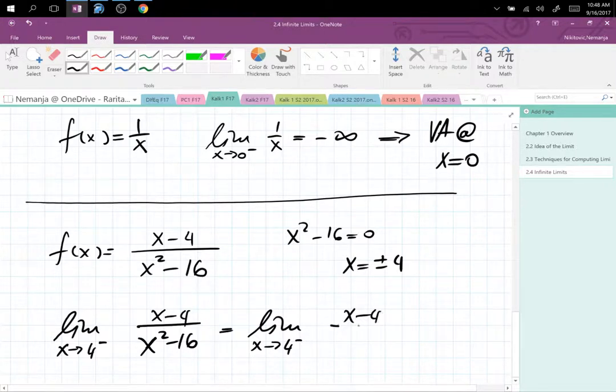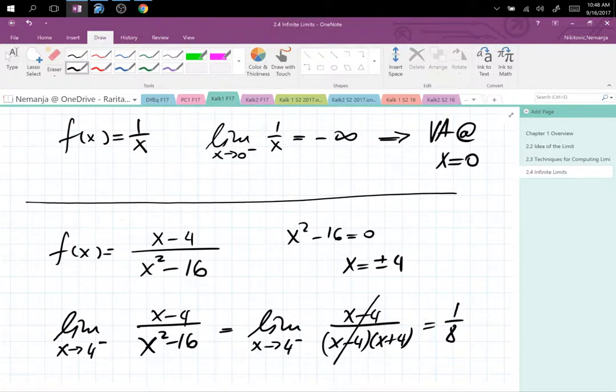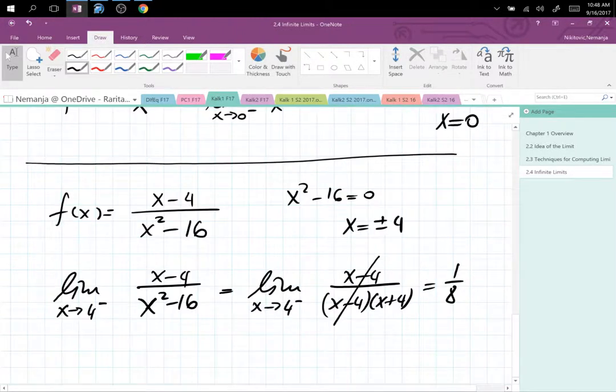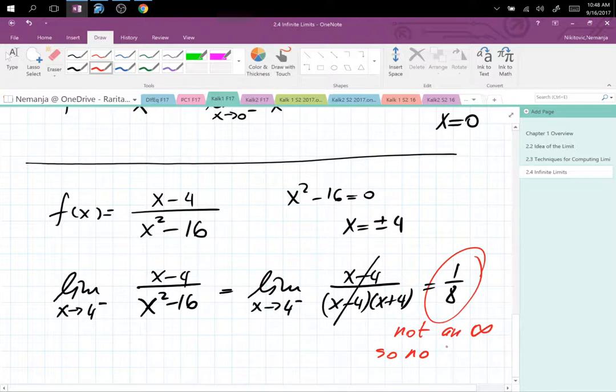So x minus 4 over x minus 4 times x plus 4. And as you can see, you are not getting infinity. You are getting 1 over 8. So, not an infinity, so no VA. No VA.